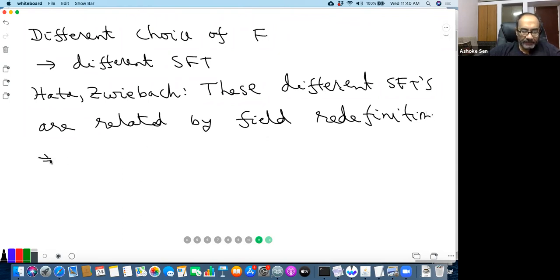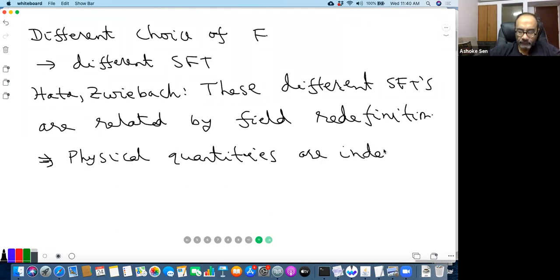Which means that the intermediate results may depend on the choice of f, but the physical quantities should be independent of this choice, because field redefinition cannot change anything.